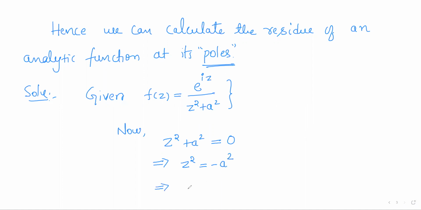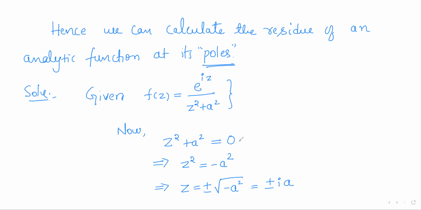So z will be plus or minus square root of minus a square, or plus or minus square root of minus 1 into square root of a square. So it is i into a. So z is equal to plus or minus ia. If I put z is equal to plus ia or z is equal to minus ia, z square plus a square becomes 0.